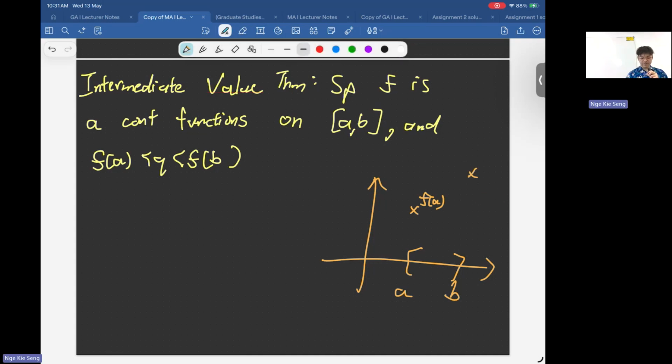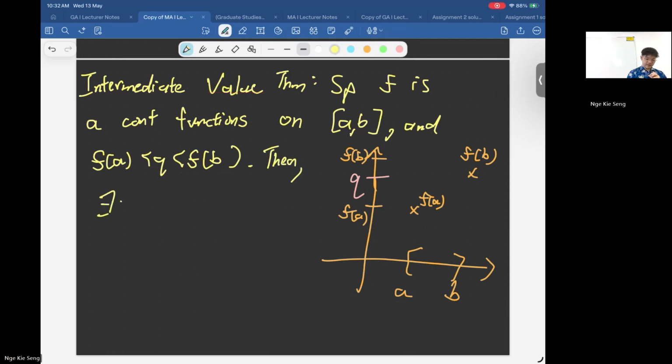Maybe I need to draw it a bit differently. So f(b) is greater than f(a). If there is some number in between these two numbers, let's say q here, so let's draw f(a) here, f(b) here. Then there exists a point in [a,b] such that f(x) equals q.